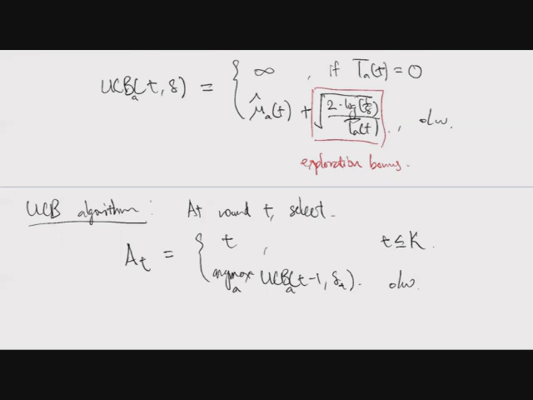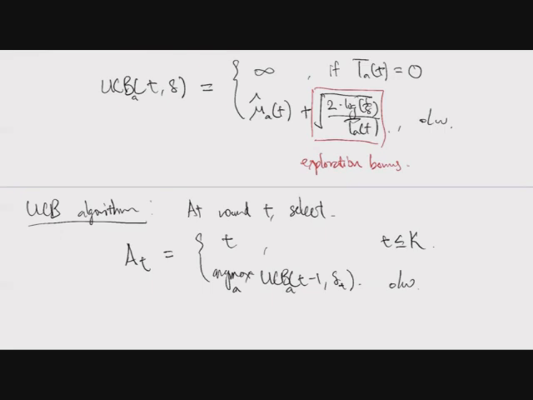And on the other hand, if the observed mean is not so high, but we have not pulled the arm too many times before, then this observation that the mean of the arm is small could just be because of bad luck, because we got unlucky in the first few pulls. In that case, if you pulled the arm only a few times, we also want to try to explore it more.